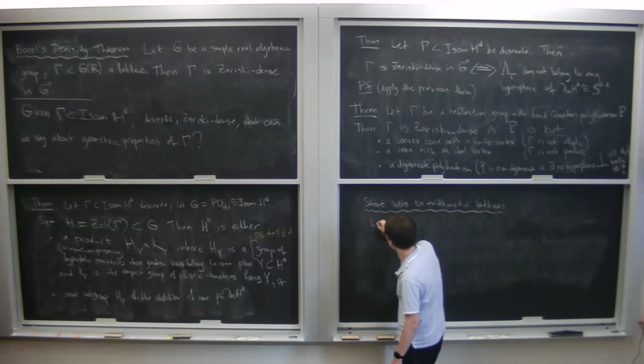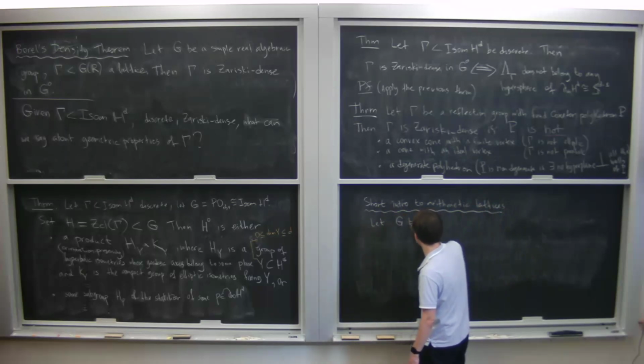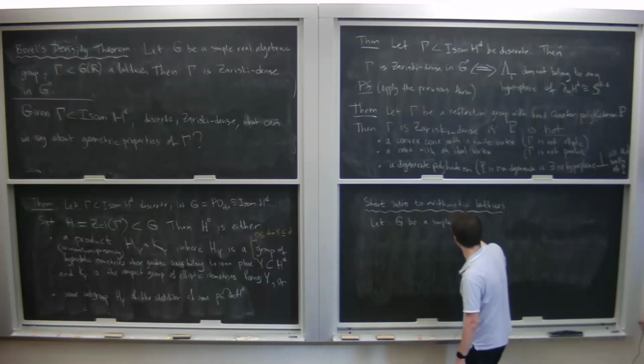So let G be a simple algebraic group over Q, an algebraic Q group.